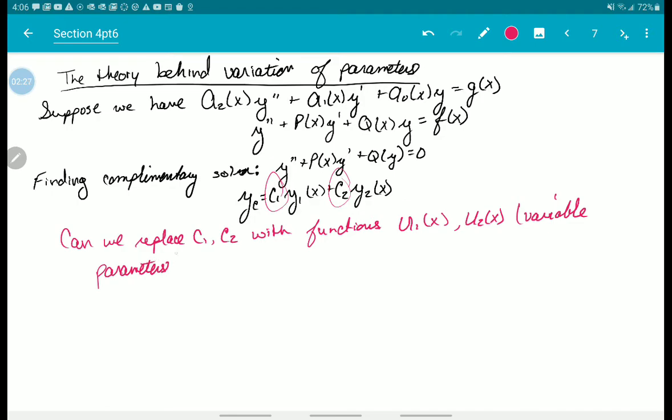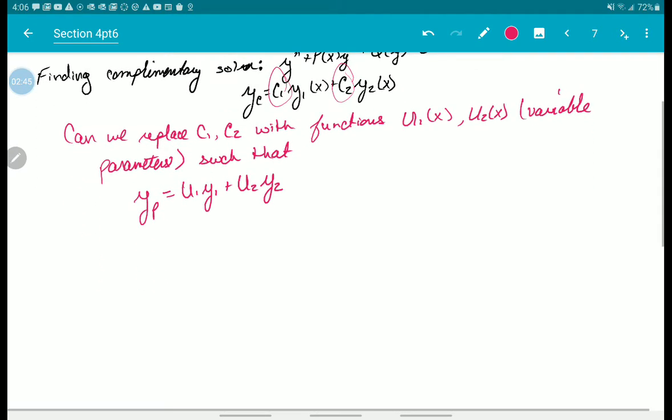So since they're not constants, we would call them variable parameters, such that the particular solution would be u1 y1 plus u2 y2. Is that possible? That's what we're asking. Well, let's see what would happen.